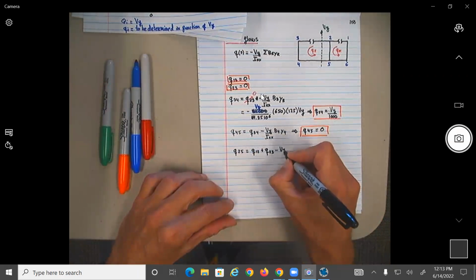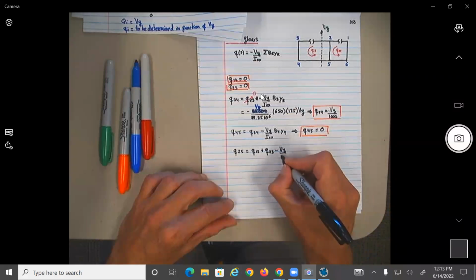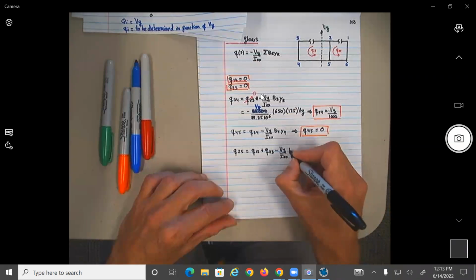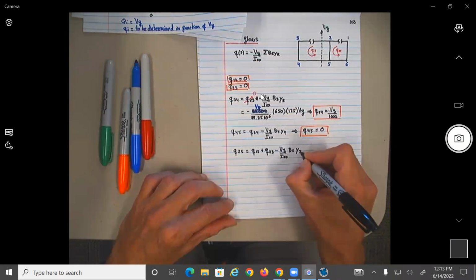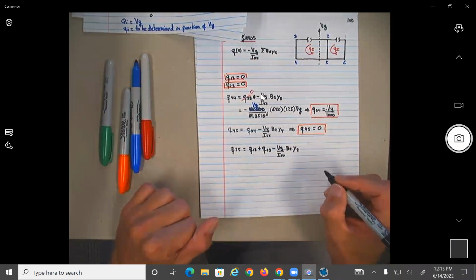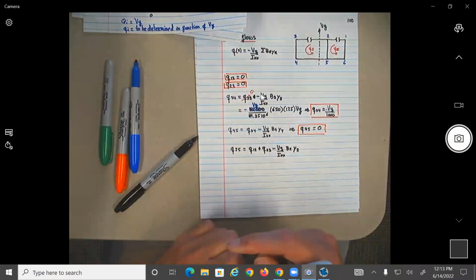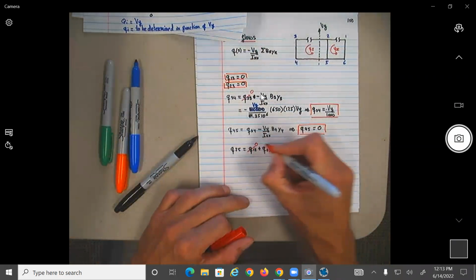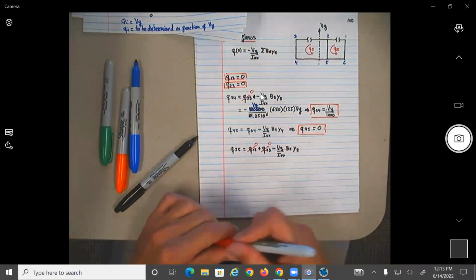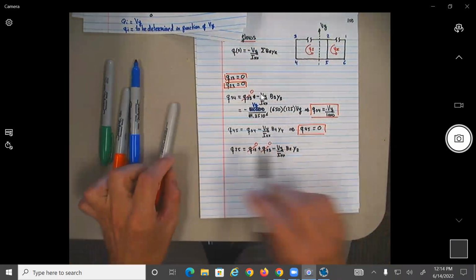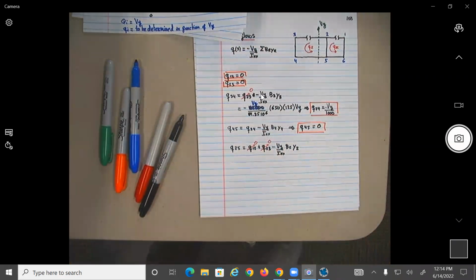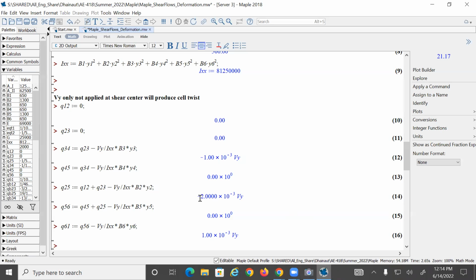Minus Vy over Ixx B2 Y2, no? Anyway, this one is 0, this one is 0. B2 is twice the value of the other one, so I'm guessing twice the other one should be negative 2 divided by 1000, no? Which is what we get here.